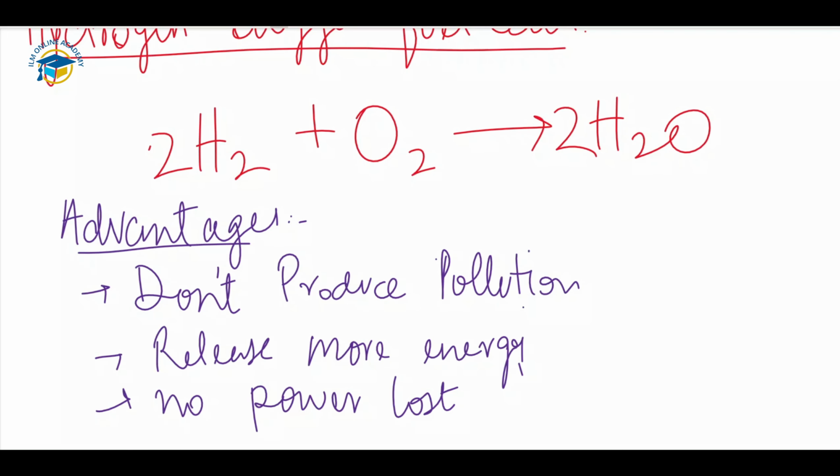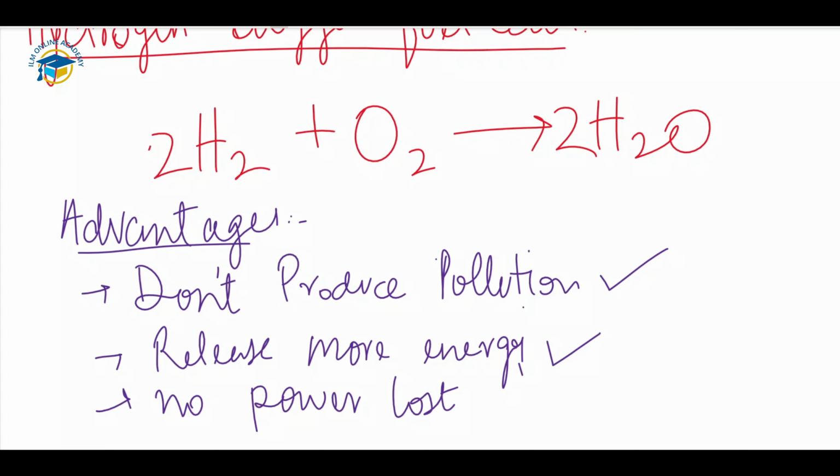So these are the advantages of hydrogen-oxygen fuel cells. The first one is that it does not produce pollution. It uses hydrogen and oxygen to make non-polluting water while generating electricity, compared to petrol engines, where many pollutants are produced. Similar to a battery, but no external charging is required in hydrogen-oxygen fuel cells, and it releases more energy.